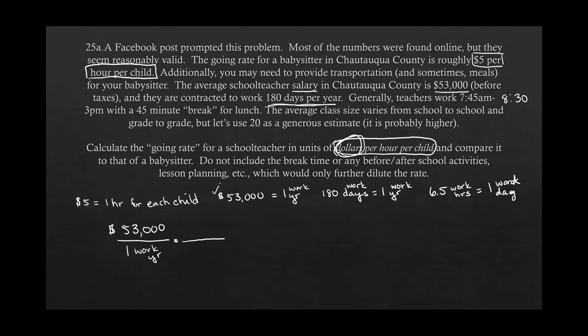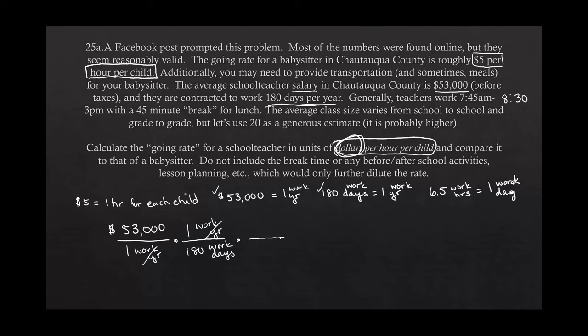Okay. If we work our way down the line here, we see the 1 work year here. So for a teacher, I'm going to put it in the top so it'll cancel with the 1 in the bottom. 1 work year is equivalent to 180 work days. So we've used that one now too. Work years cancel out.